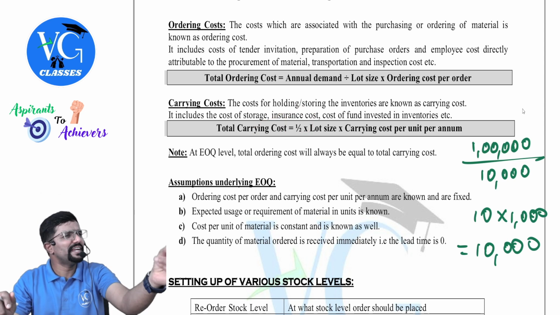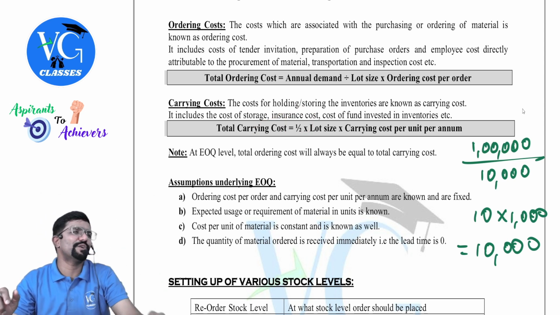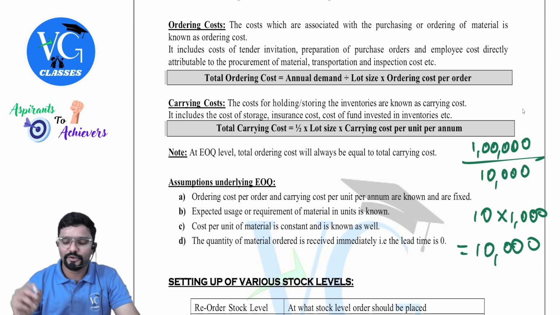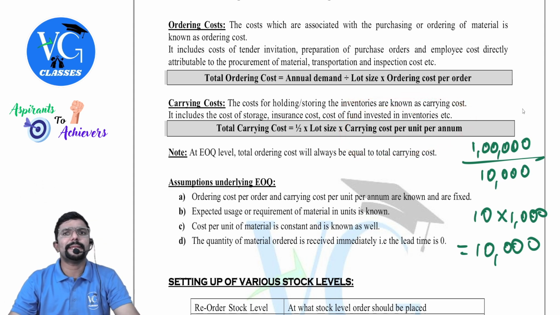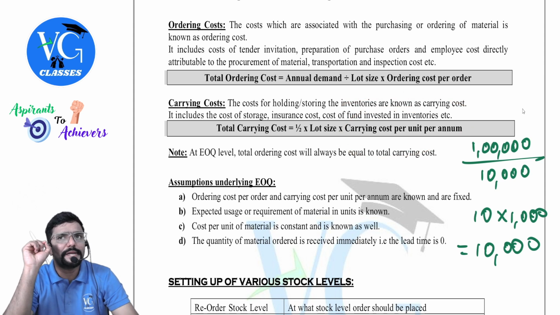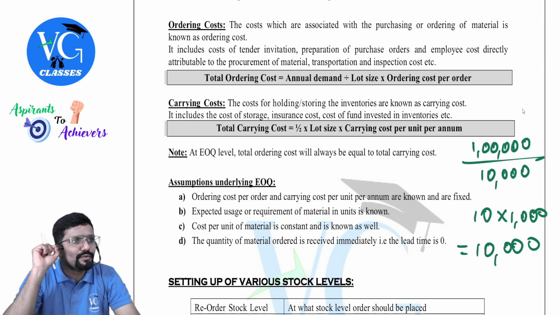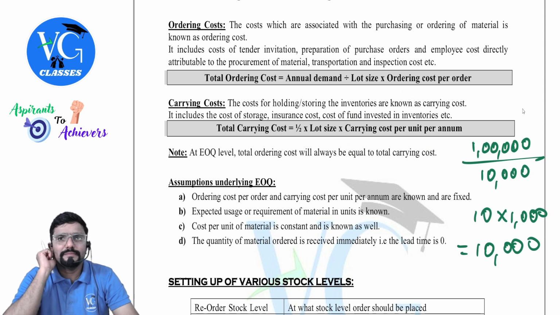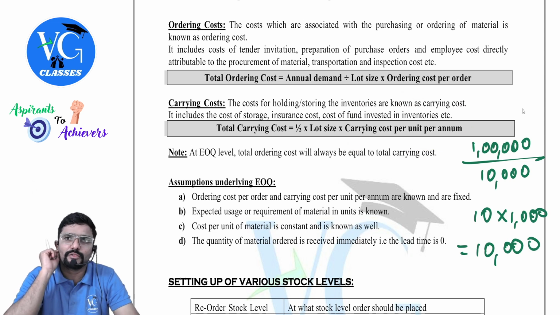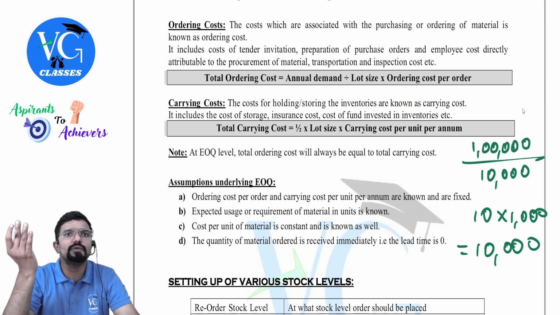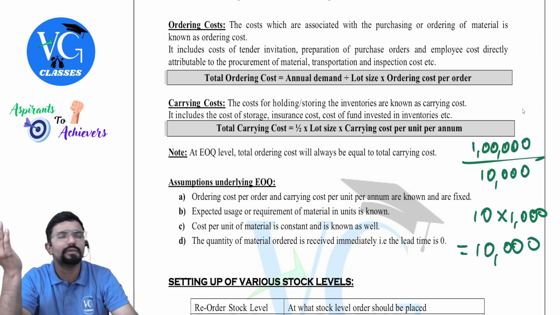In my inventory at any time, how much would be there? Half of EOQ. And for that, what is the cost we are incurring? Hope you understood. I repeat, I am purchasing 10,000 kgs. That doesn't mean that I will have it in my inventory throughout the year. Then what will you use for production? Why did you purchase?